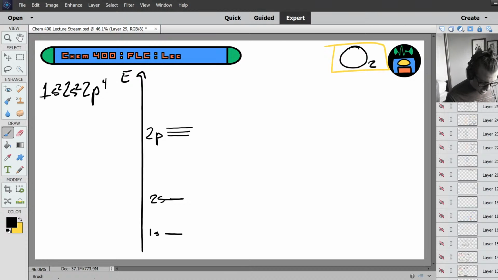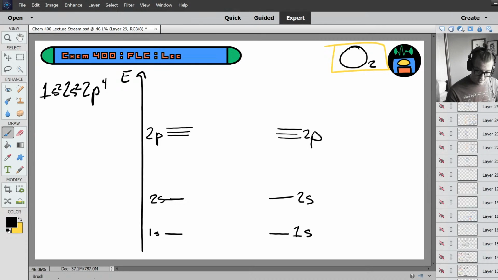Right, we've got the same thing on the other side. 2p, 2s, 1s.